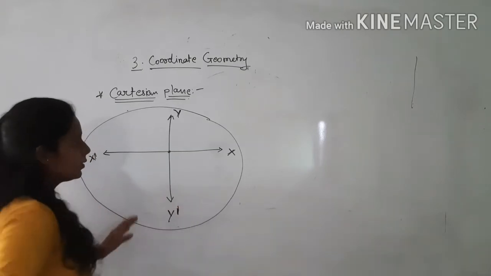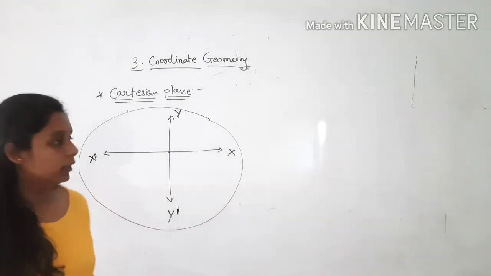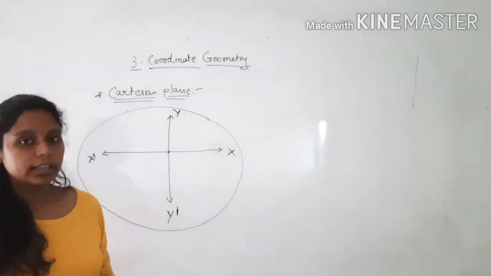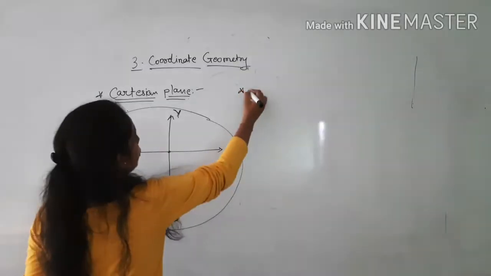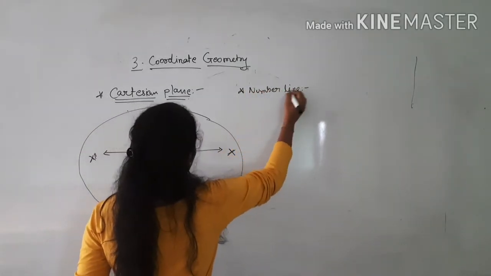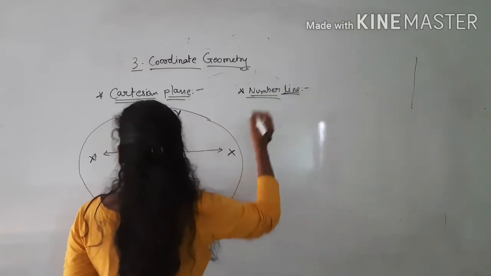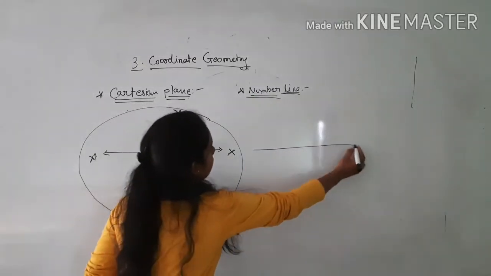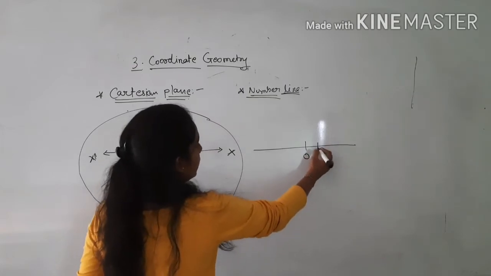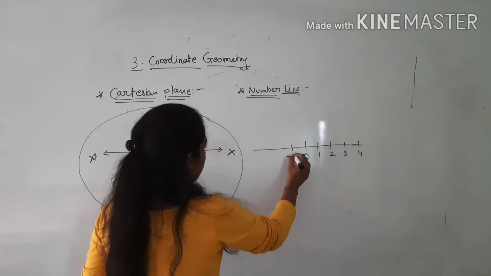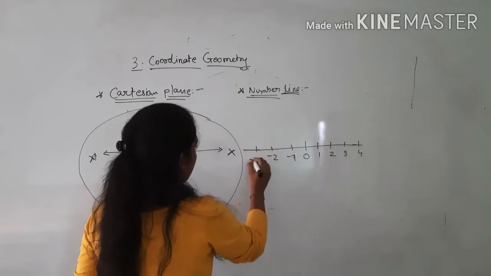Okay? And in this, the very important thing is that if we are plotting a Cartesian plane, that is x and y axis, the second thing you should know is the number line. You all would have learned about the number line. While drawing a number line, you have to write 0, positive numbers on the right hand side, negative numbers on the left hand side.